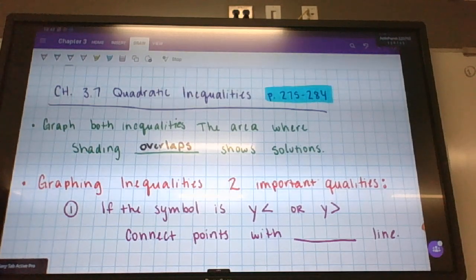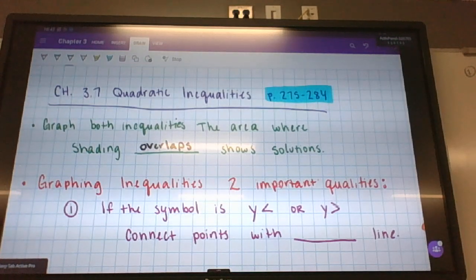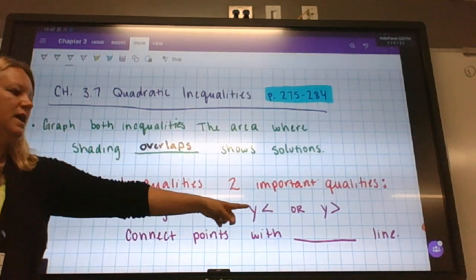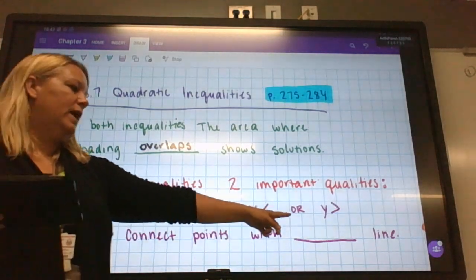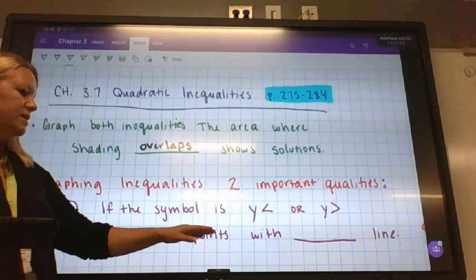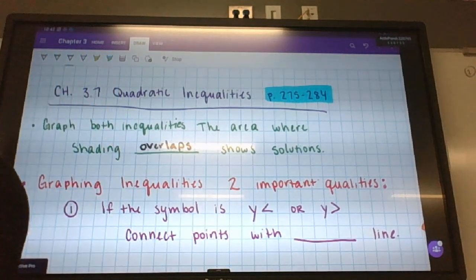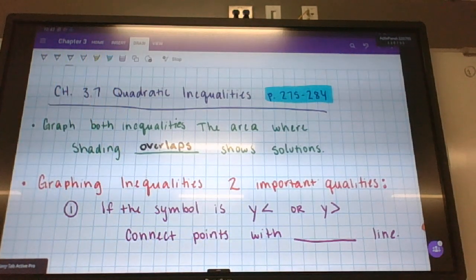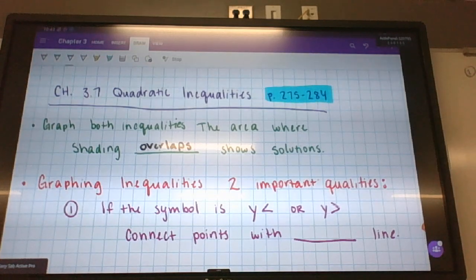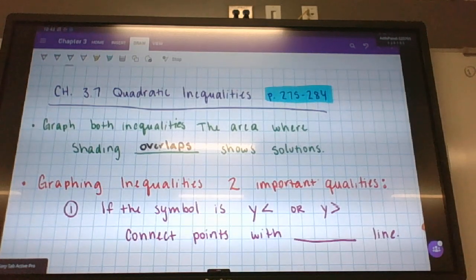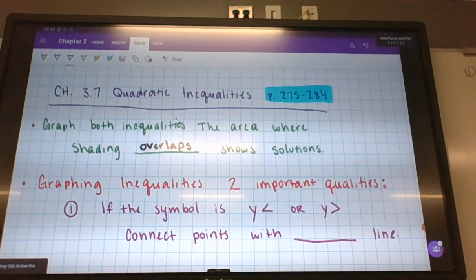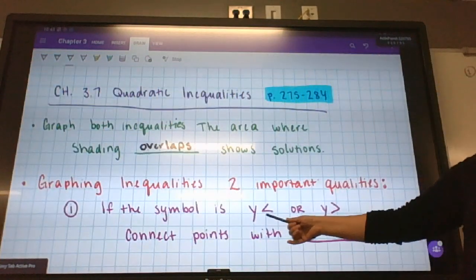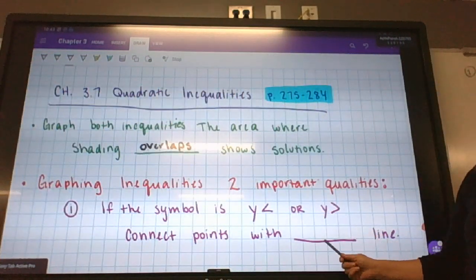There are two important qualities as you go to make these graphs. The first one is if the symbol is y less than or y greater than, you connect points with a blank line. If I have this symbol or this symbol, what type of line is it?